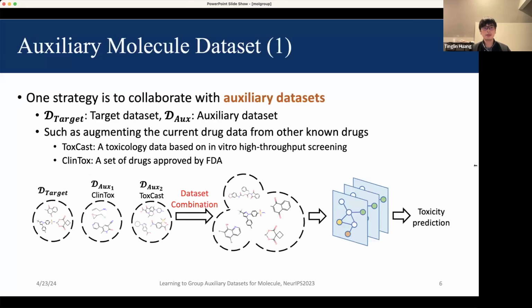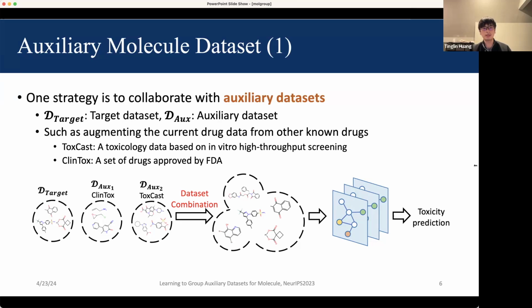In our paper, we study a new strategy to improve the performance of machine learning models on such molecule datasets, which is to collaborate with additional datasets, which we call auxiliary datasets. Here is an illustration.